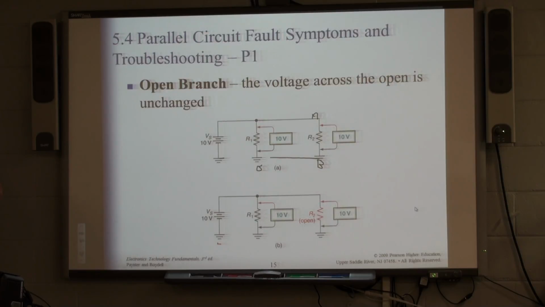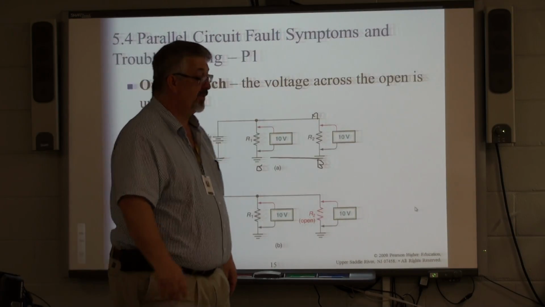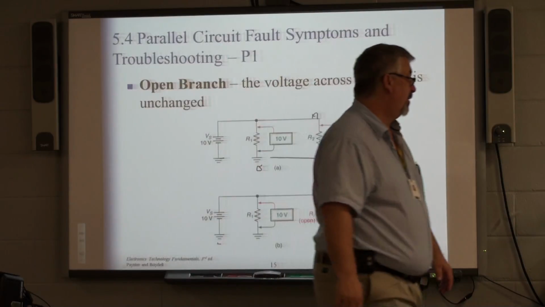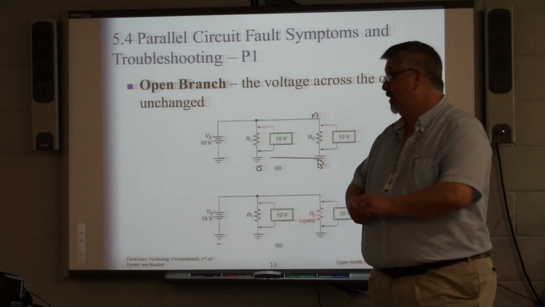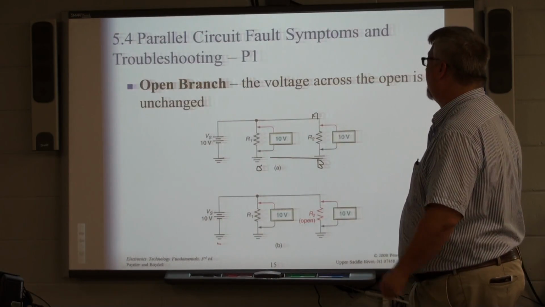Probably my radio wire, after mounds of smoke poured out of it, would eventually burn to a crisp and just open it up. But chances are my car would catch on fire too. So that's why we have fuses.